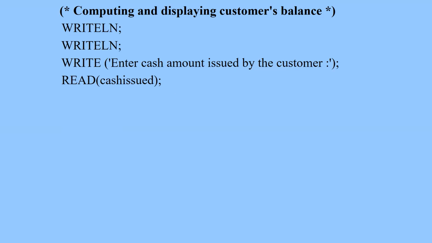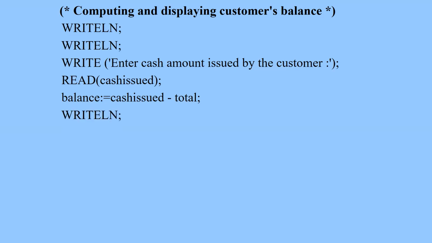cash issued. And then the processor will calculate the balance by picking what is in the memory location called total and subtracting it from what is in the memory location called cash issued. And the result will be stored in the memory called balance.